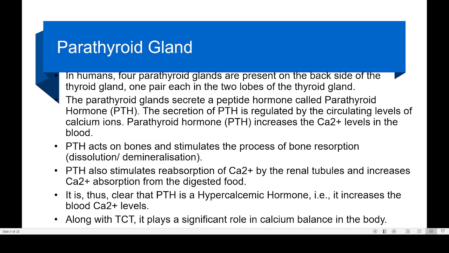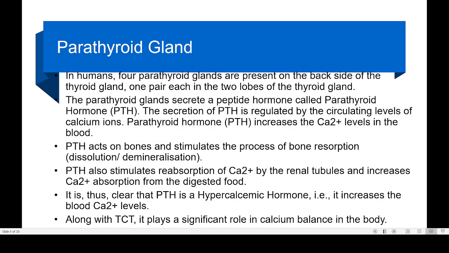Another effect is that parathyroid hormone stimulates the reabsorption of calcium ions by the renal tubules. The overall effect of parathyroid hormone is to increase the level of calcium in your blood. One method is transferring calcium ions from your bone to the blood.